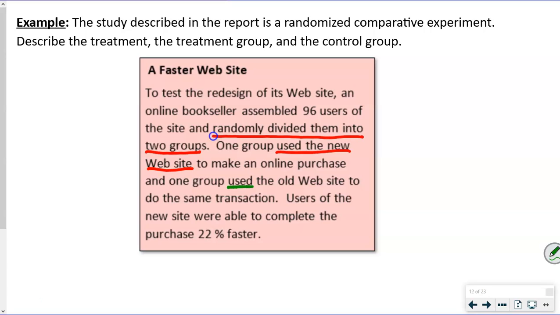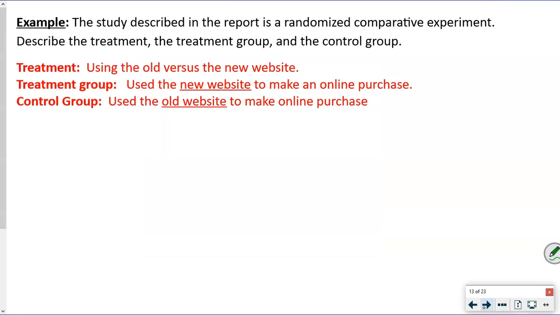So the treatment is using the old versus the new website, right? So the treatment group used the new website to make an online purchase, and the control group used the old website to make the online purchase. Okay, so that's what we're looking at there.